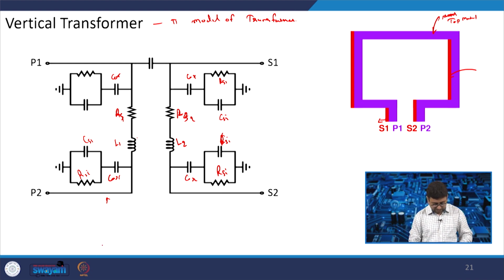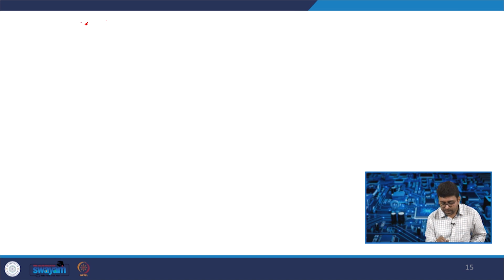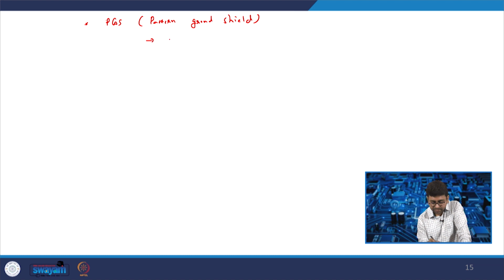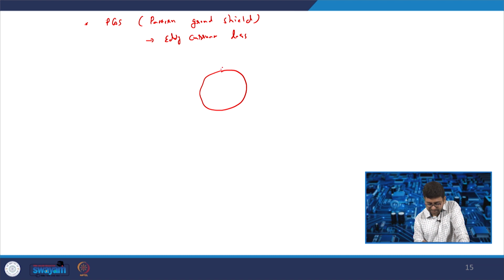One more effect that I want to discuss is the method of pattern ground shield, which reduces the eddy current loss. Eddy current flows in a circular form in the substrate.